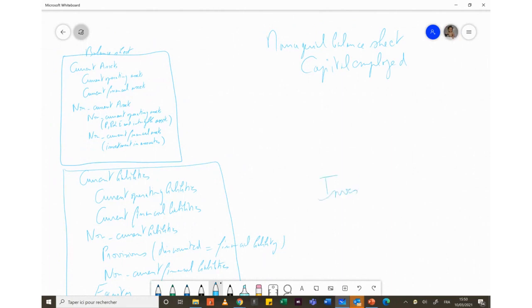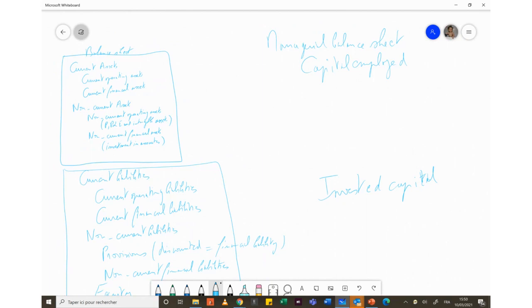So what you don't put in the capital employed is included in the invested capital by difference, okay? So if you decide it's a part of the capital employed, it's not visible in your invested capital. If you say it's not a part of the capital employed, it's in your invested capital, because we want to keep the balance sheet balanced. So in your capital employed, we keep all the assets.